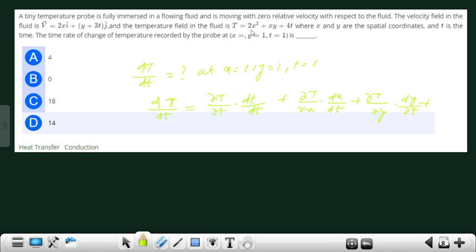As this is only relative to x and y, there is no z component.